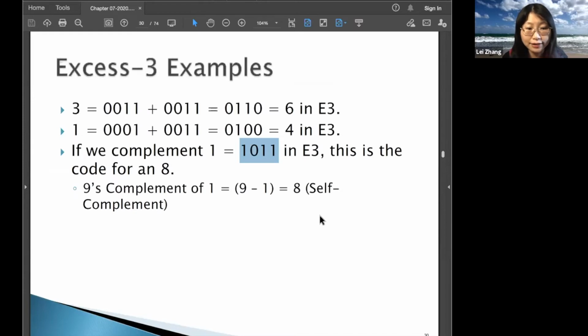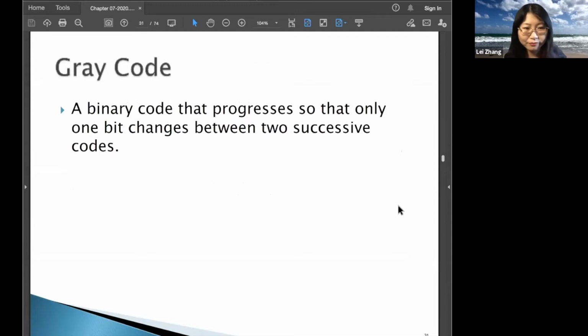Just take it by that definition. Gray code is, I would say, more useful or more common than the previous excess 3 code. Application-wise, Gray code is very useful, and you already know it from our K-map.